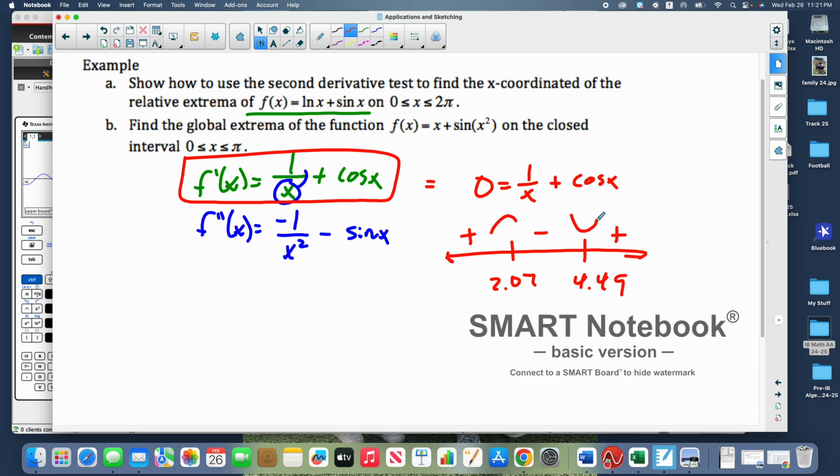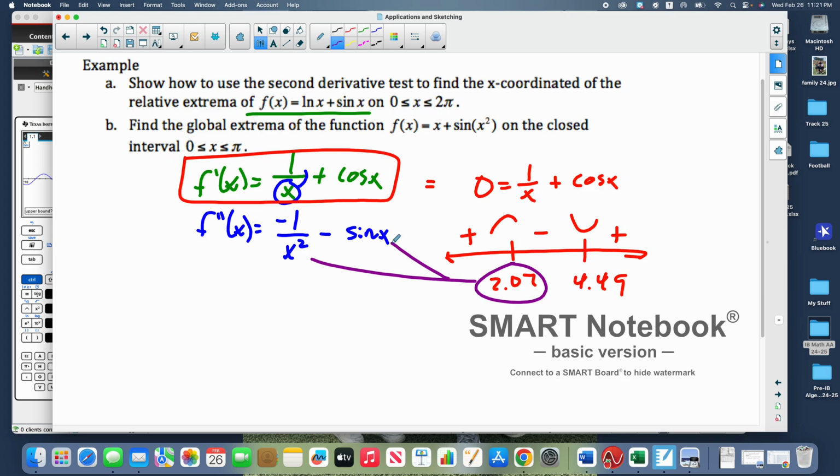Now, granted, that's not what it asked me to do here. It asked me to find the second derivative, use the second derivative to prove this. And so what I really need to do is take these values that I got and plug them in. I used my calculator to do that.